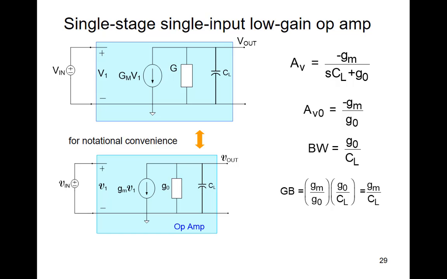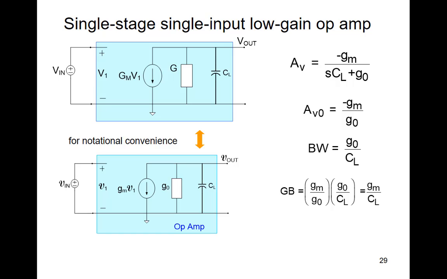For notational convenience, this conductance G here is oftentimes referred to as the output conductance of that two-port model. So oftentimes we use G out to model that. In this context then, capital G and G out are the same. G out is not referring to the output conductance of a single transistor.